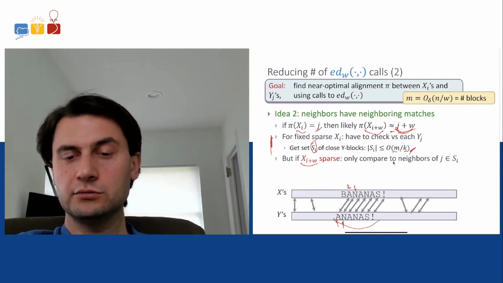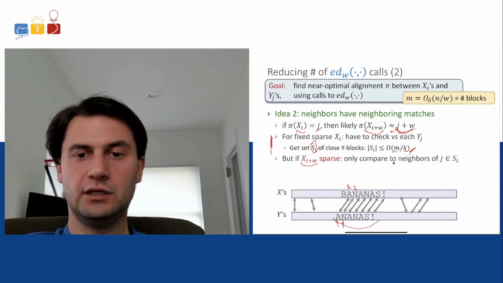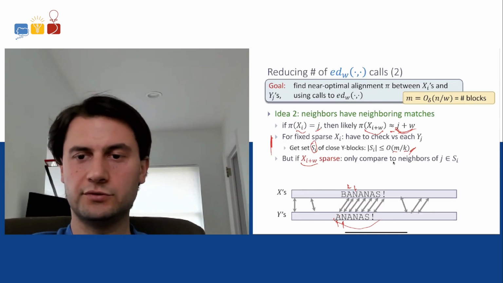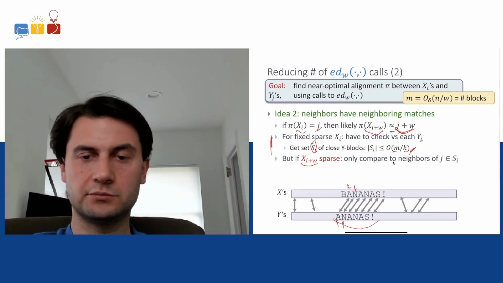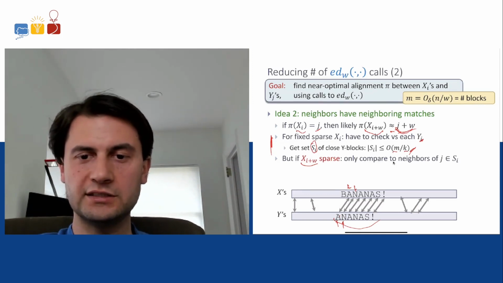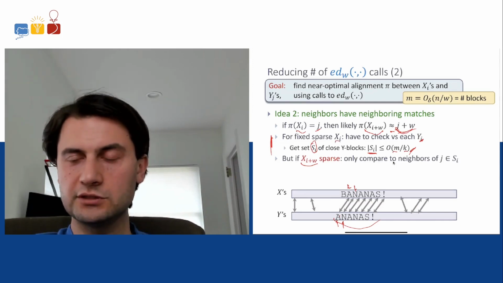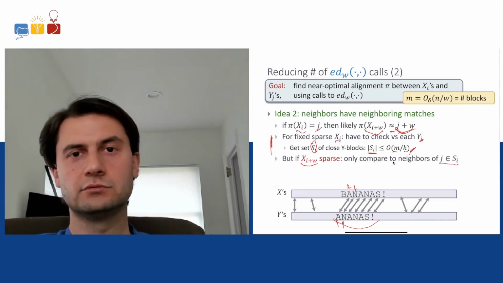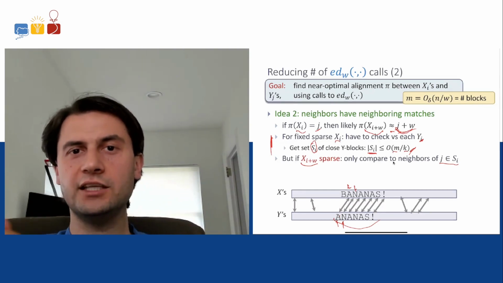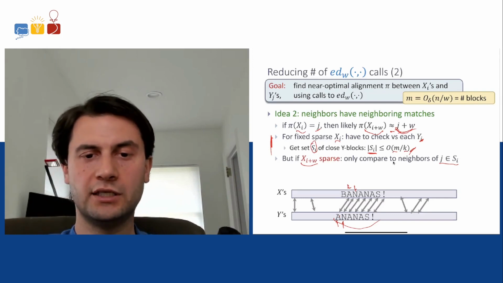Well, it is okay to compare only to the neighbors of j. So we found si, which are the close blocks to xi. What we need to do is, for every j which is a potential match for the block xi, we look at its neighbors, and that should be the potential match for our neighbor xi plus w.